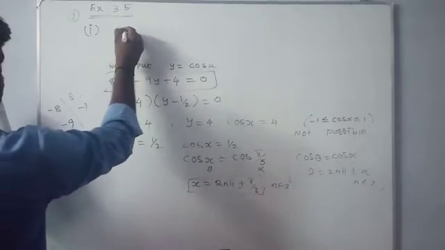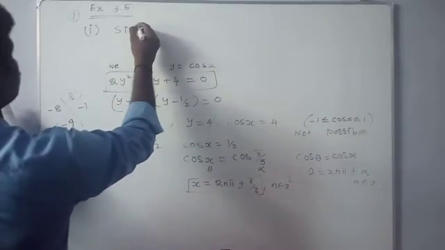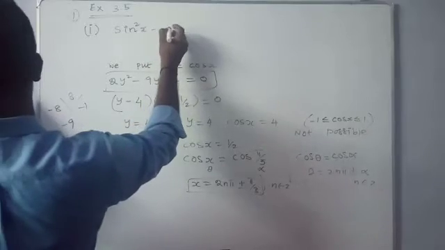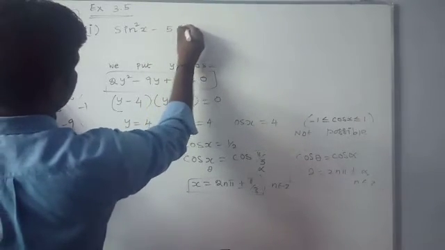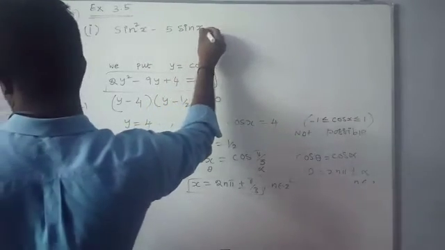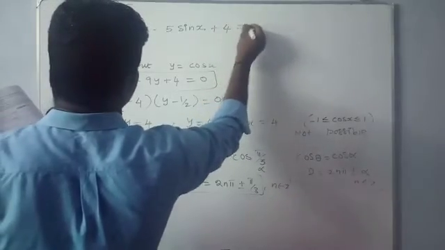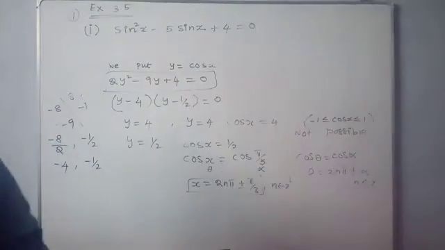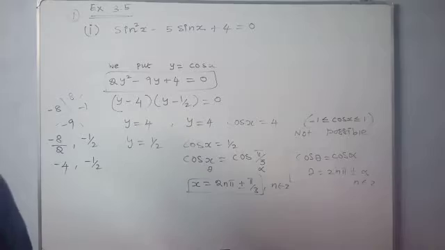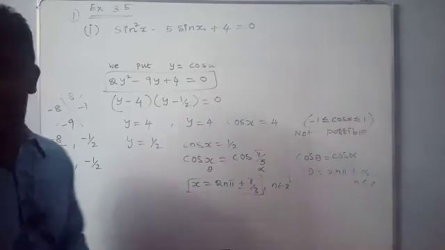What is the equation? Sin squared x minus 5 sin x plus 4 equal to 0. This is the equation. We want to solve it.